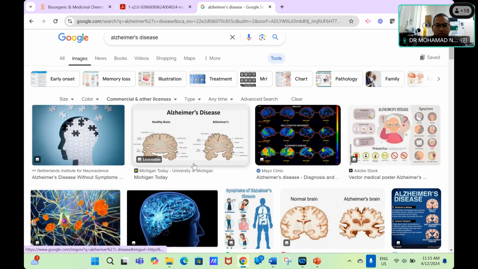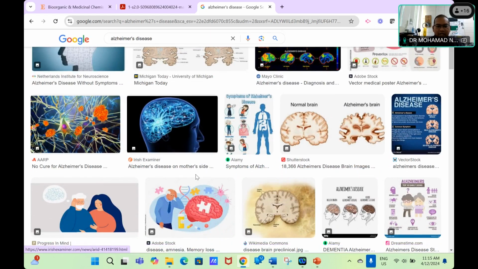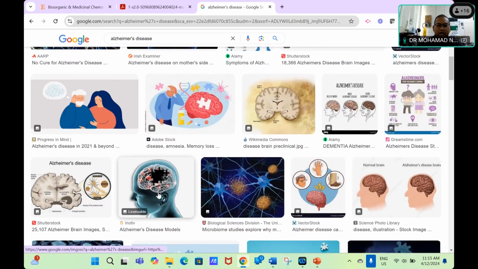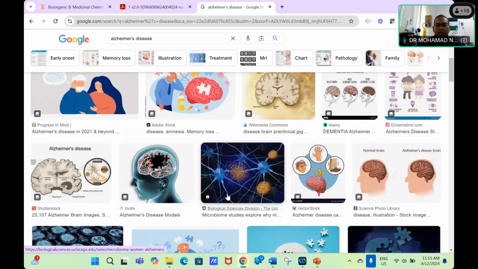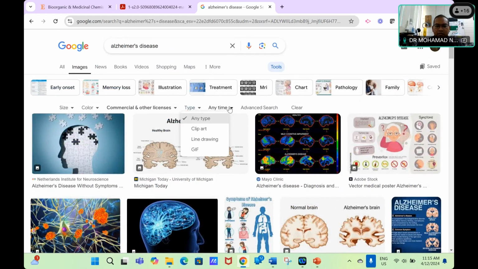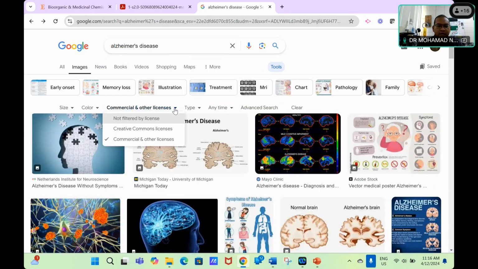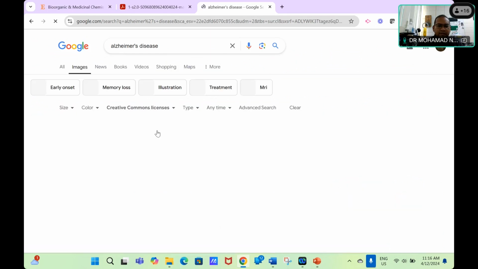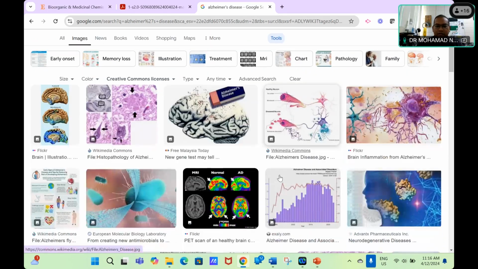Maybe you can choose anything you find here, download it, and then modify it with colors or something like that. But be careful when you get visuals from the internet. Sometimes they are under copyright. This is very, very important. In Google there is the Creative Commons license.